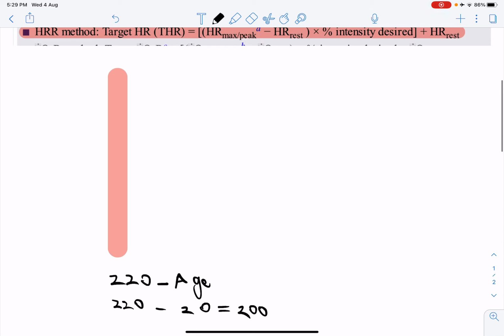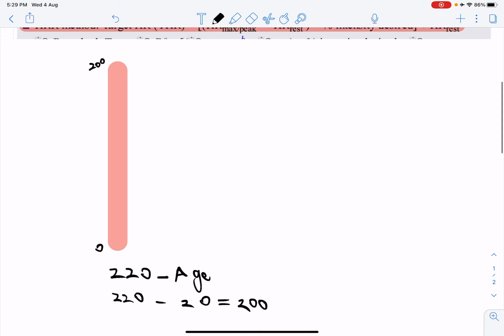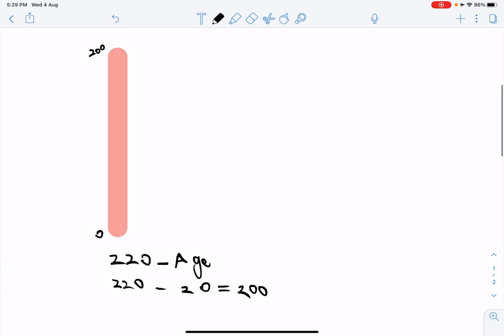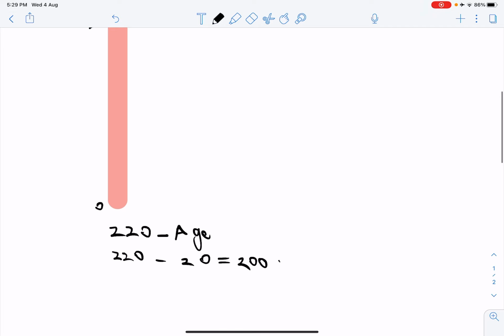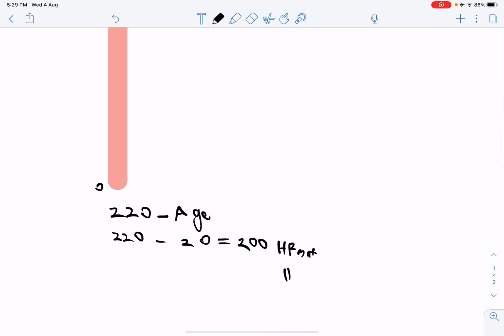So let's say this is my maximum heart rate, this long line, okay? So now I want to know my resting heart rate, which is 200 for the maximum. Now I want to know my heart rate at rest.